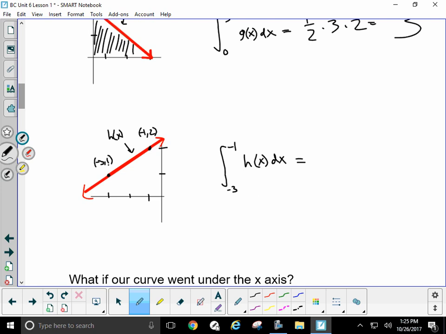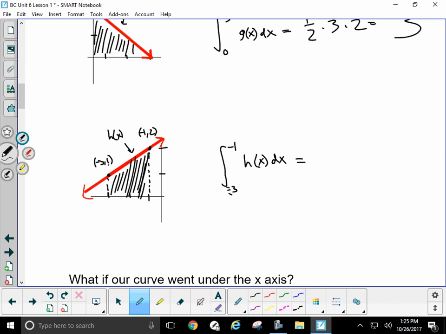Now, notice we're not going to 0. This is starting at -3, going to -1. So use some little dashes to help you out. I'm not going all the way to 0. I'm not starting all the way when we have an x-intercept. I just have this area here.